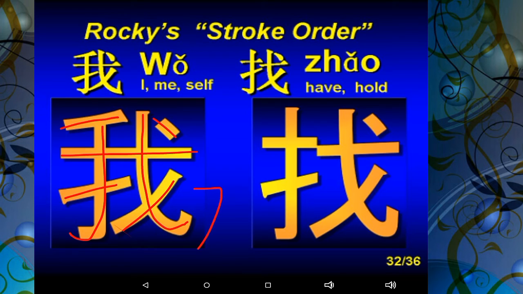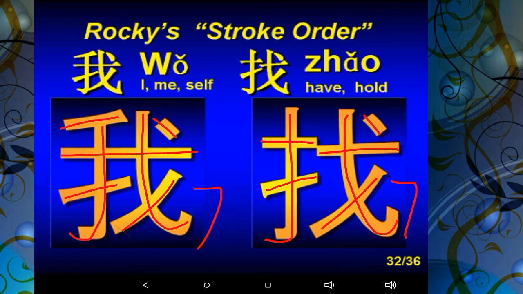Seven strokes. Same number of strokes, however, written differently.